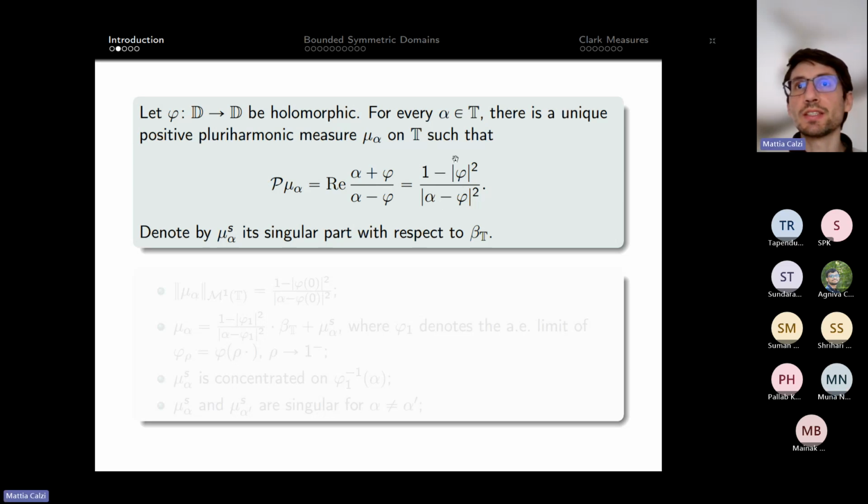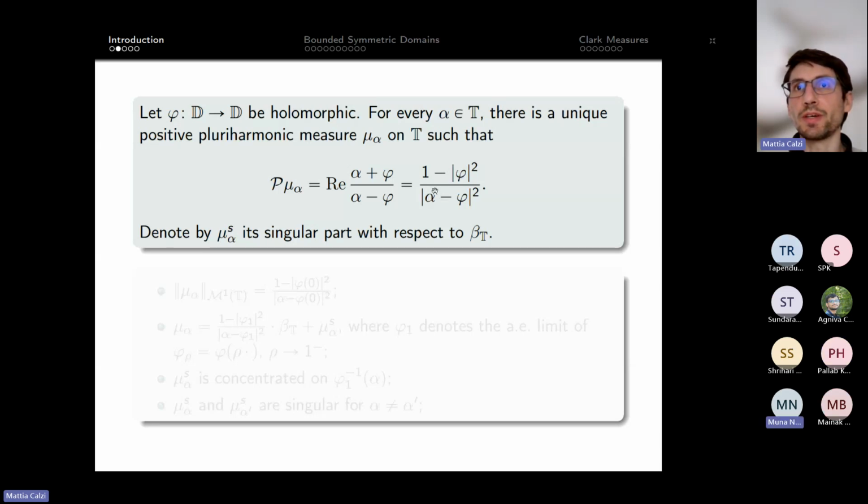Notice that this is nothing but the Poisson kernel composed with phi in one variable and evaluated at alpha in the other one. So it is essentially the composition of the Poisson kernel with phi, in a sense. And these measures, mu alpha, are the Clark measures associated with phi.